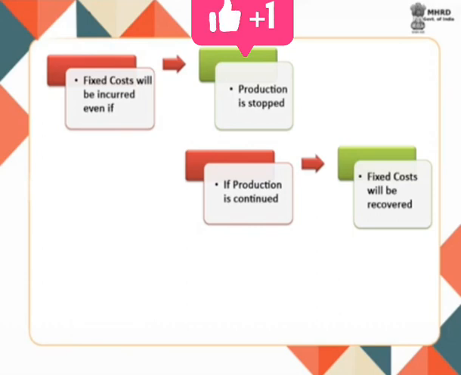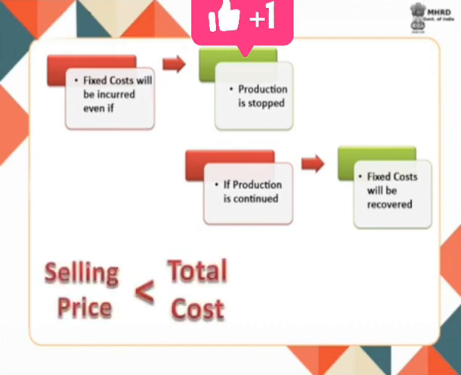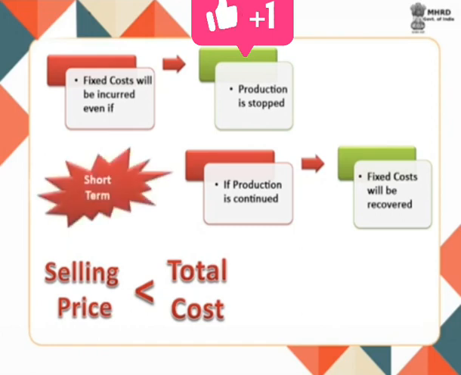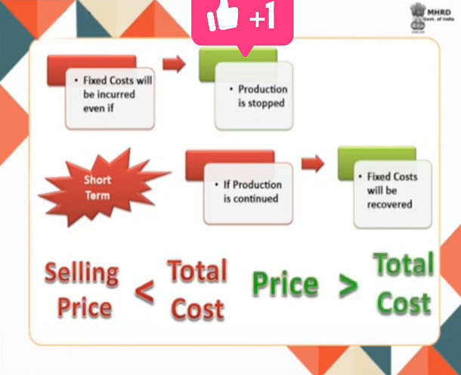However, as a note of caution, selling price below total cost should be decided for a short-term basis, as no business can afford to incur loss on a long-term basis. For the survival of any business, the price must be fixed above total cost.